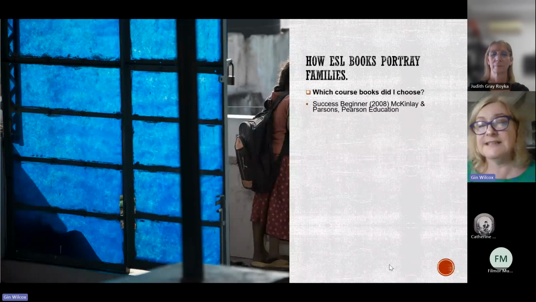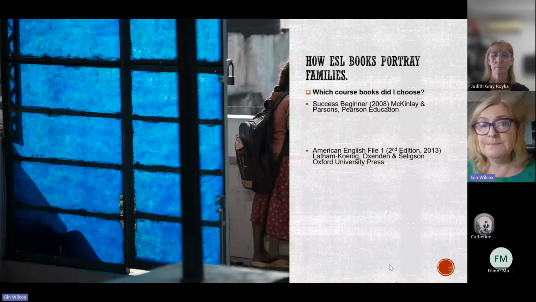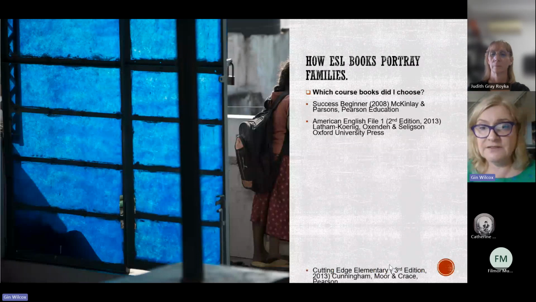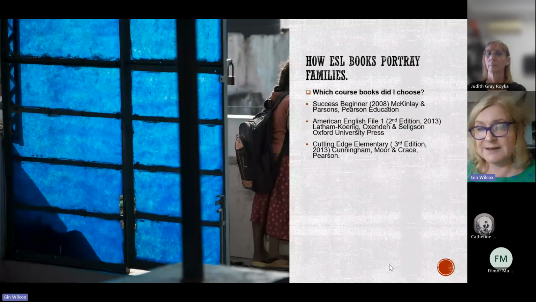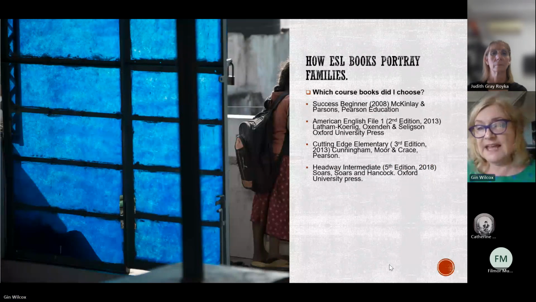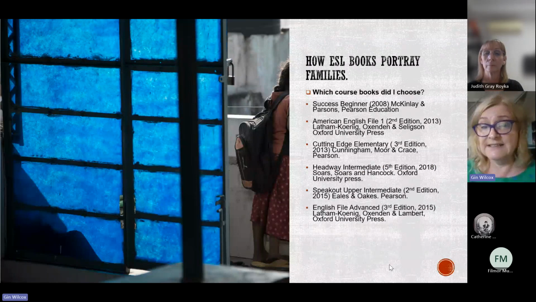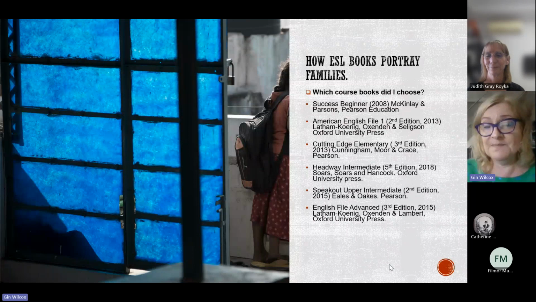So I chose Success Beginner, American English File, Cutting Edge Elementary, Headway Intermediate, Speak Out Upper Intermediate, and English File Advanced. And all of these are excellent books, and I'm not selecting them to criticize them.